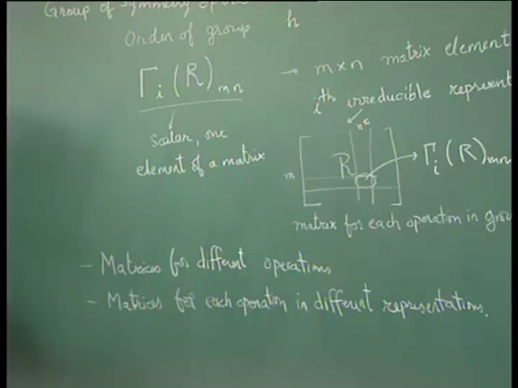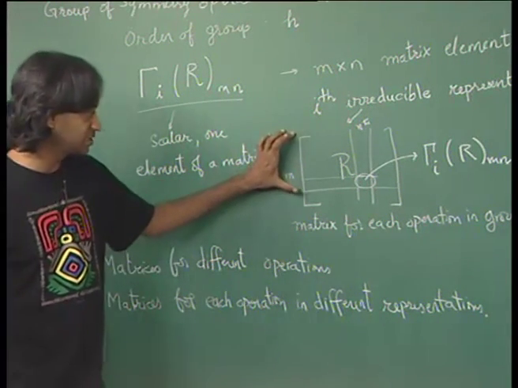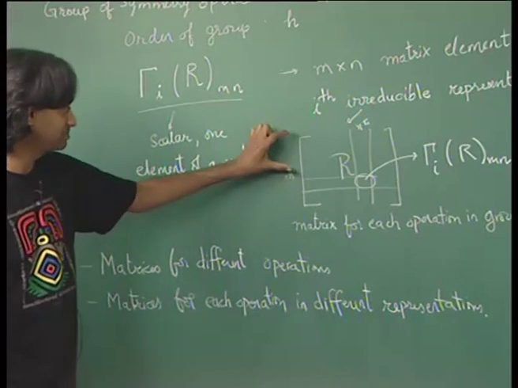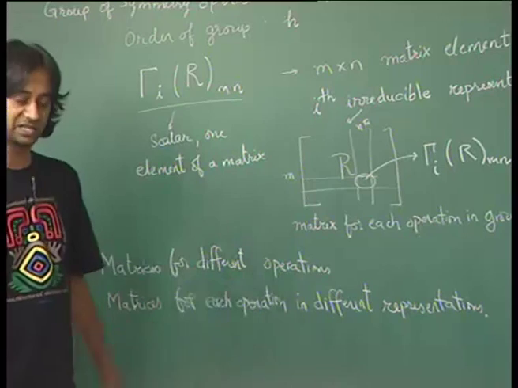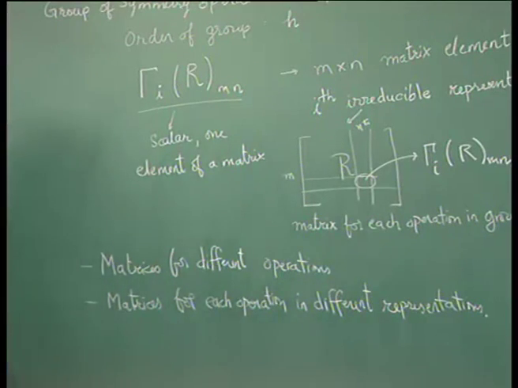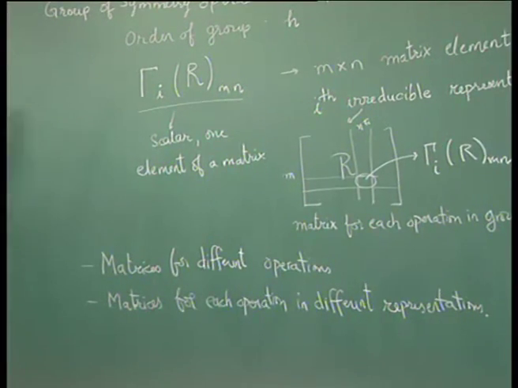So, you can have different matrices for different operations, and for each operation in a different representation, it will be a different matrix. I want to emphasize that all these representations need not have the same dimensionality. So, there might be one representation which is a 2 by 2 matrix, another might be a 3 by 3 matrix, a third might be a 1 by 1 matrix, and all these matrices.